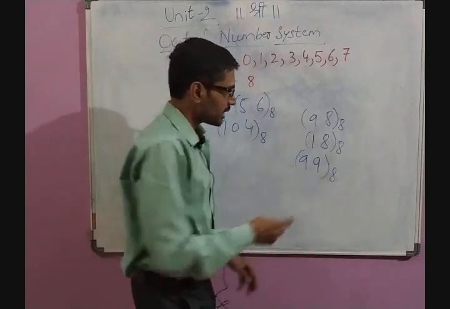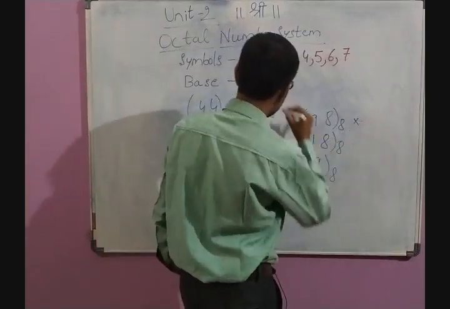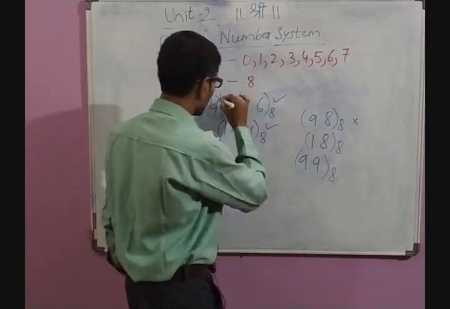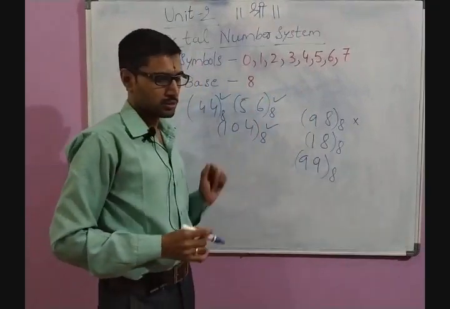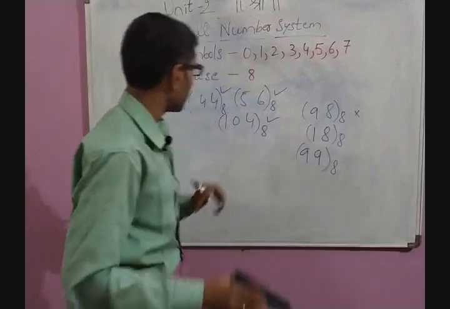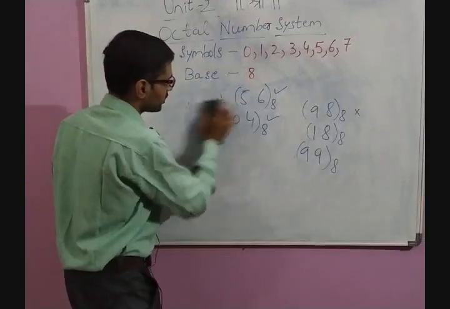So these are the invalid examples, and the others are valid examples. It depends on the base, and we can easily try it out.